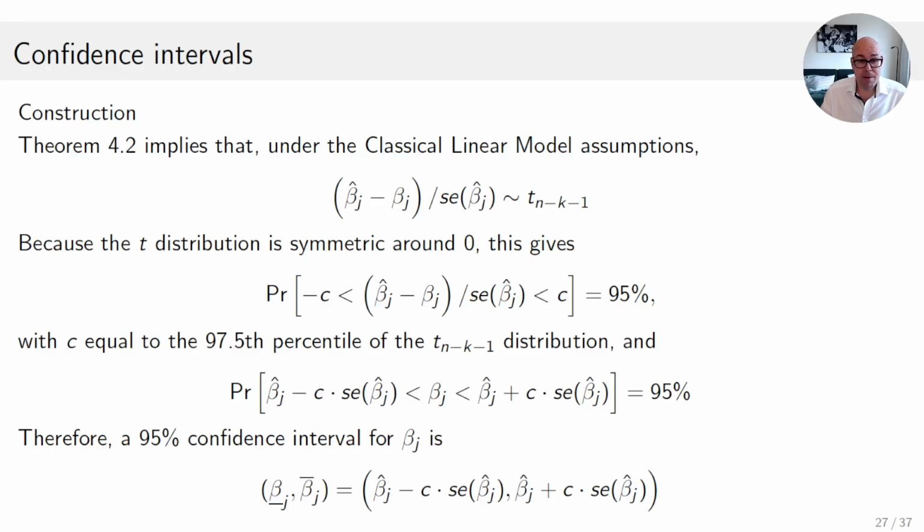Okay. Recall also that the t-distribution is symmetric around 0, as you can recall from the figures. One way to remember this is that the t-distribution becomes the standard normal distribution when it has many degrees of freedom, and the standard normal distribution is symmetric.